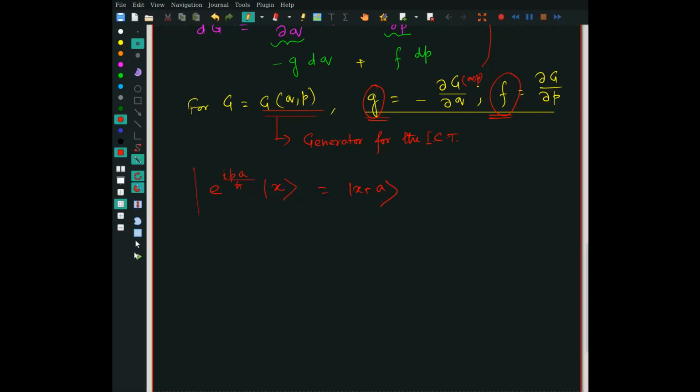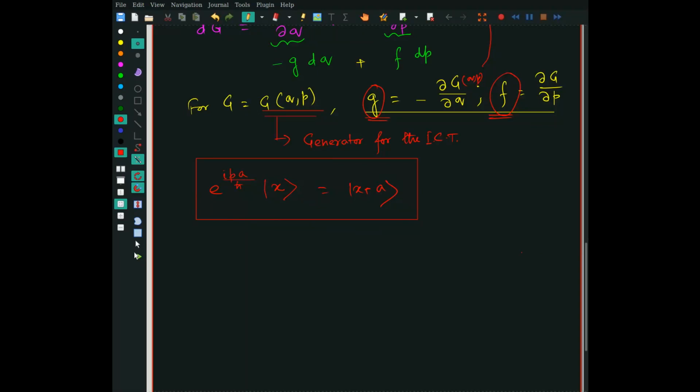Have you studied this kind of relation? No. Okay. Anyway, so you have not heard that momentum generates translation. Momentum is the generator of the translation. If you have not heard that in quantum mechanics, this is the time to learn it in classical mechanics. How do we understand that?